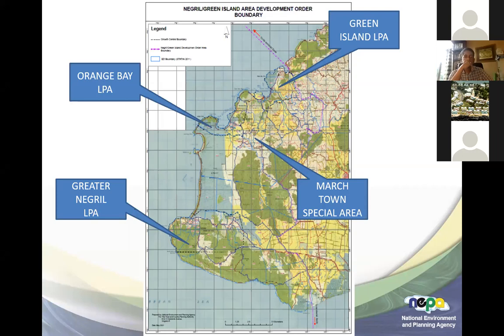So there were sections of West End that were outside of Negril. So what we have sought to do in this iteration is that we have now included areas of West End, Old Hope, Broughton within what we now call the Greater Negril local planning area.